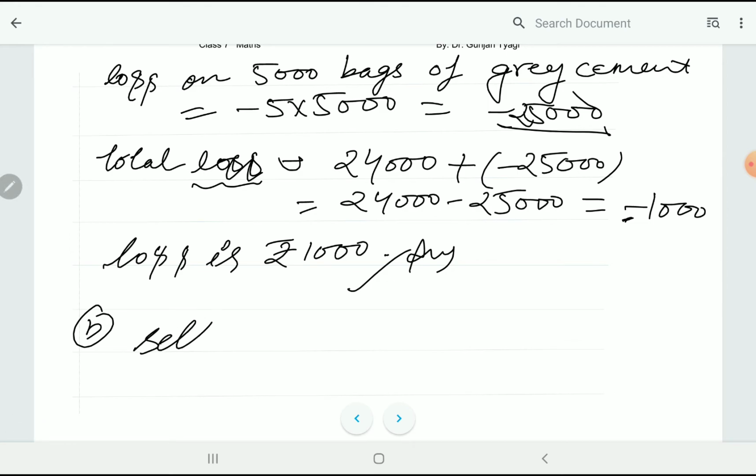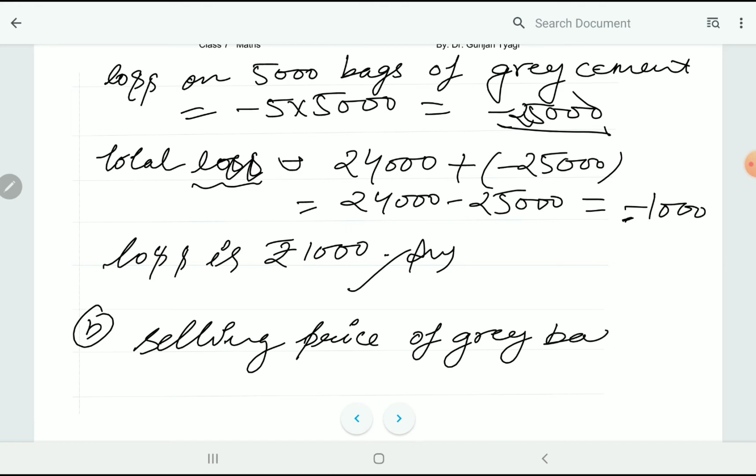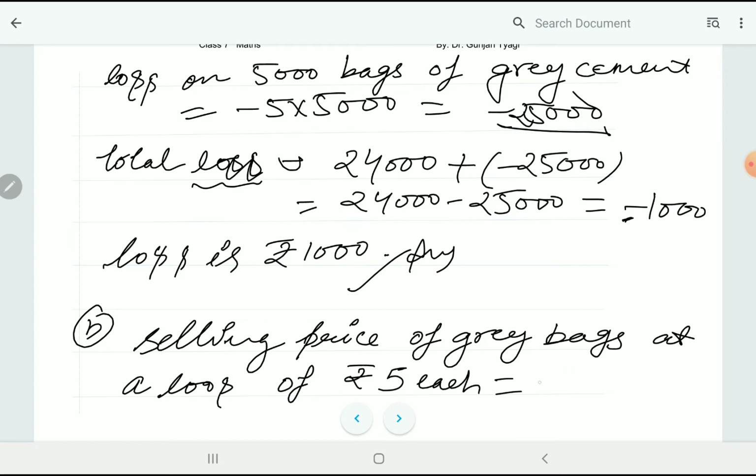So the selling price of grey bags at a loss of ₹5 each is equal to -5 multiplied by 6,400, which is equal to -32,000. So loss is -32,000.